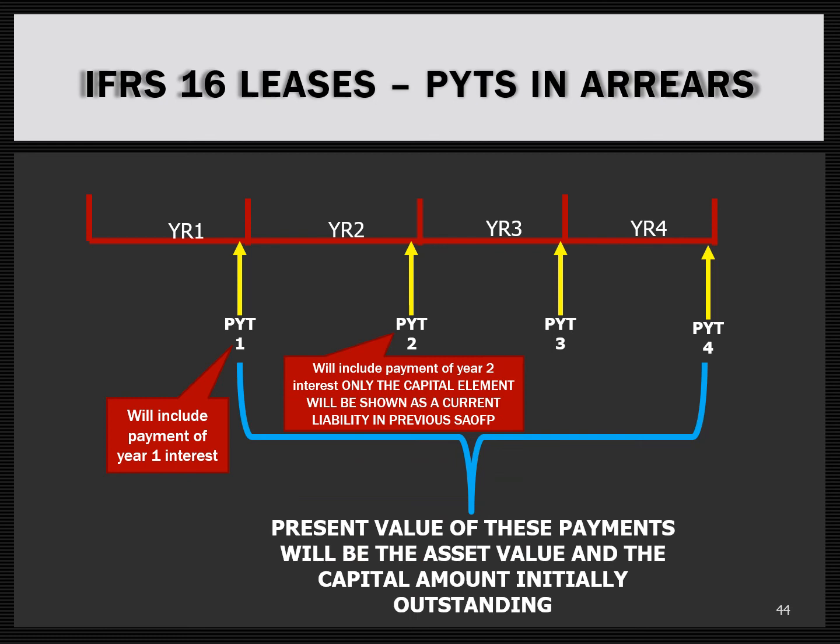The payment in year 2 will include payment of the interest charge for year 2, and so only part of that payment represents a repayment of capital, and it's only that part of the payment that should be shown as a current liability. The rest of the outstanding amount will be shown as a long-term liability.